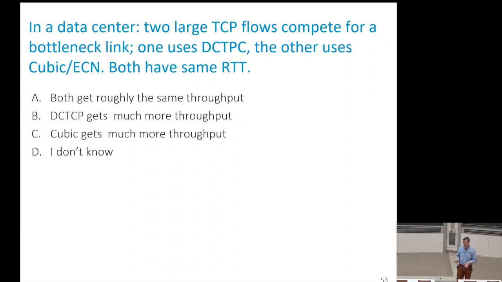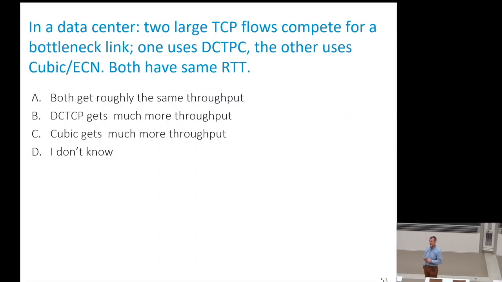But in the data centers, all the internal connections are using data center TCP, so they compete with each other. As far as I know, the fairness formula has not been done for DC TCP, so if somebody's interested, it's a good research exercise to do. But what this tells us also is that data center TCP is not for the open world. It is for an environment where you control all the TCP connections.